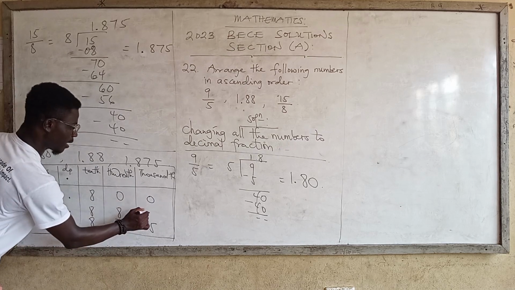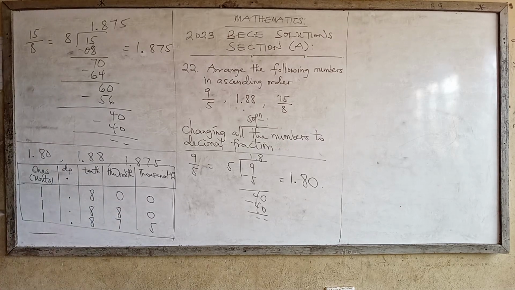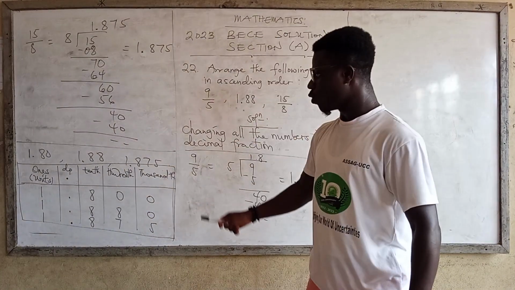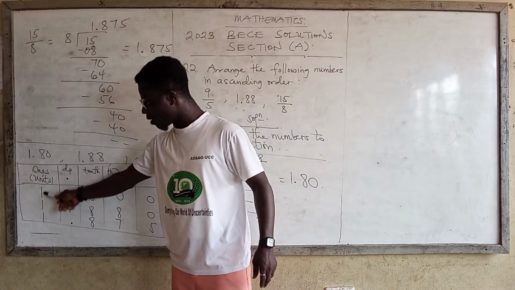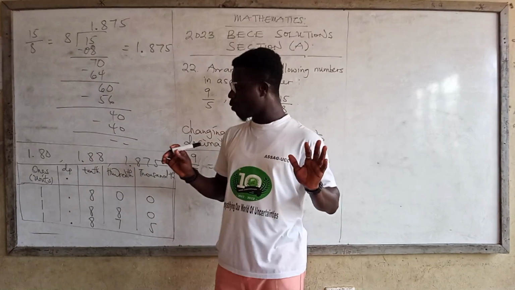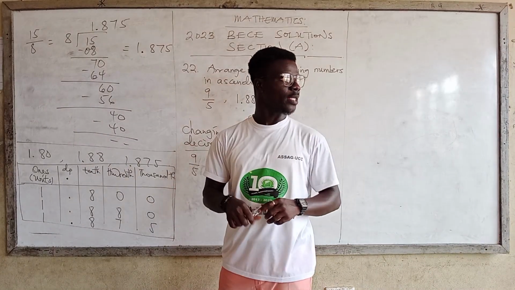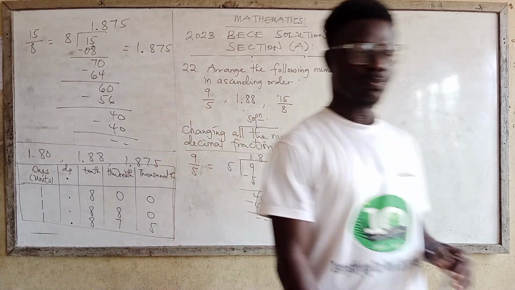So let's bring here 0, 0. So let's see which one is the smallest. Watch here. They have the same digits, 1 1 1, which means that they are all equal. So they have the same whole numbers, right? So they are all what? Equal. They are all equal.